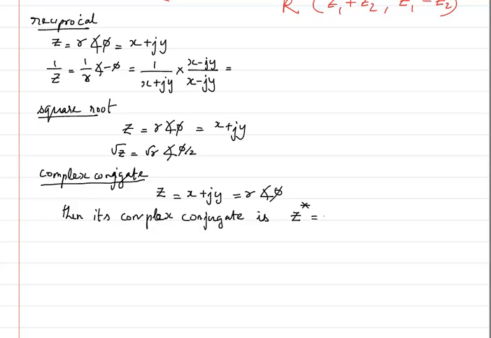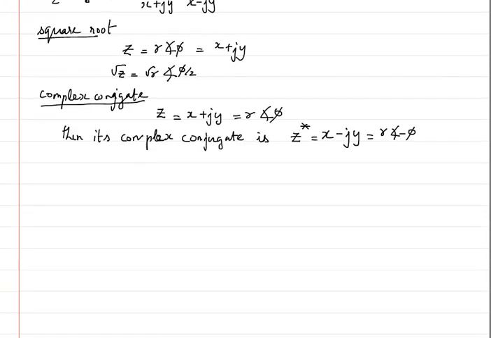And what is the value of z star? You just invert the sign in between. So if it is x plus jy, then you write x minus jy. And if it is in polar form, then you write it as r angle minus phi. That is the complex conjugate of the phasor.